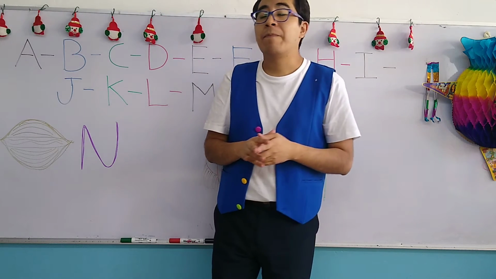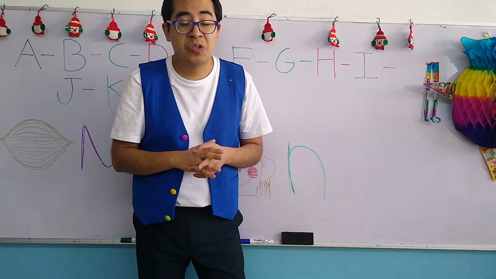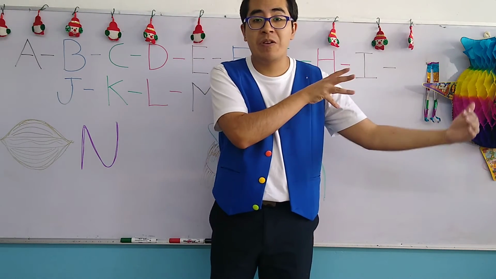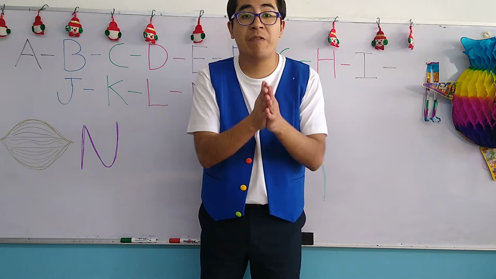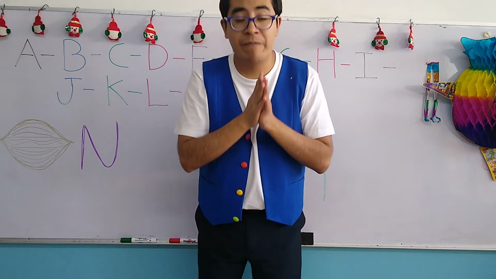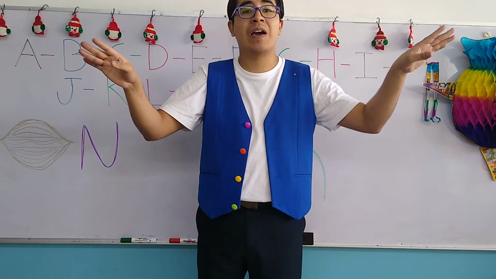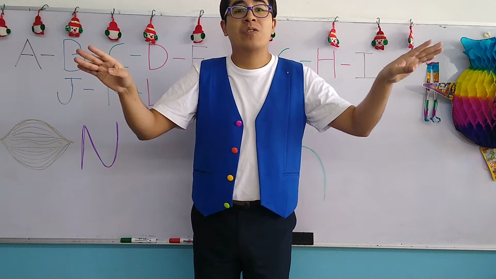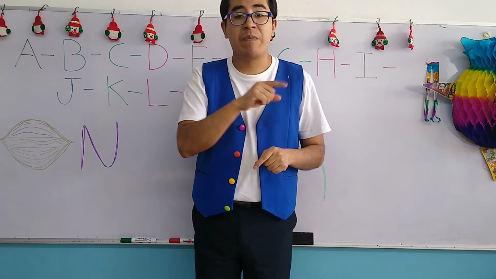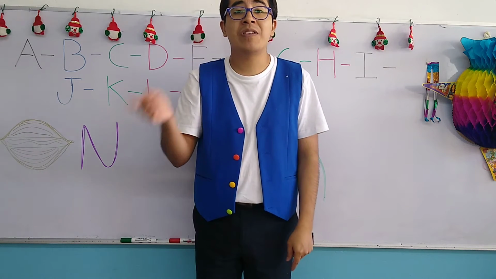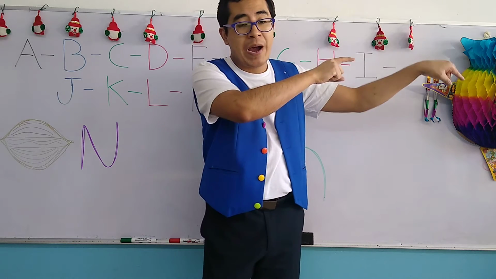Very good. Now, today, we're going to leave the numbers to rest a little bit. That means we are going to concentrate and focus on the alphabet, all the letters of the alphabet, okay? Today, we're going to start with a new letter, but remember, before we commence with the new letter, it's very important to go back.